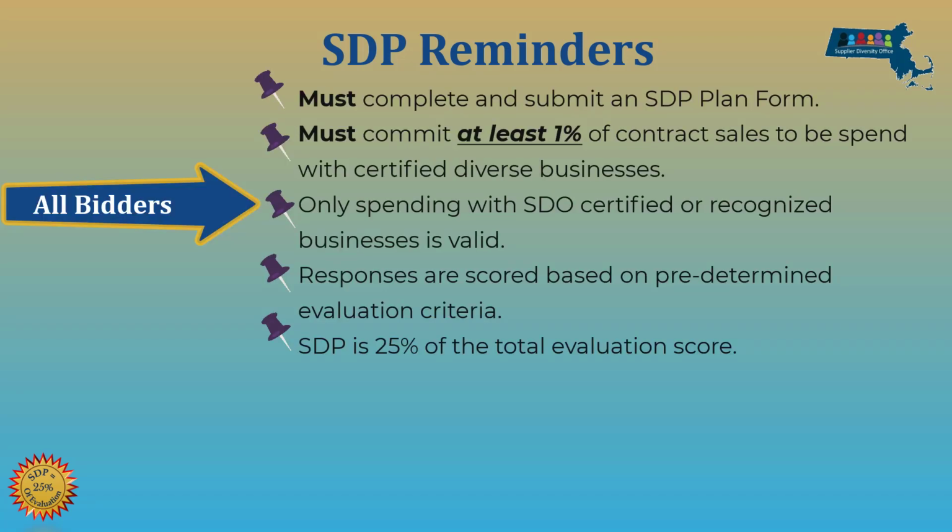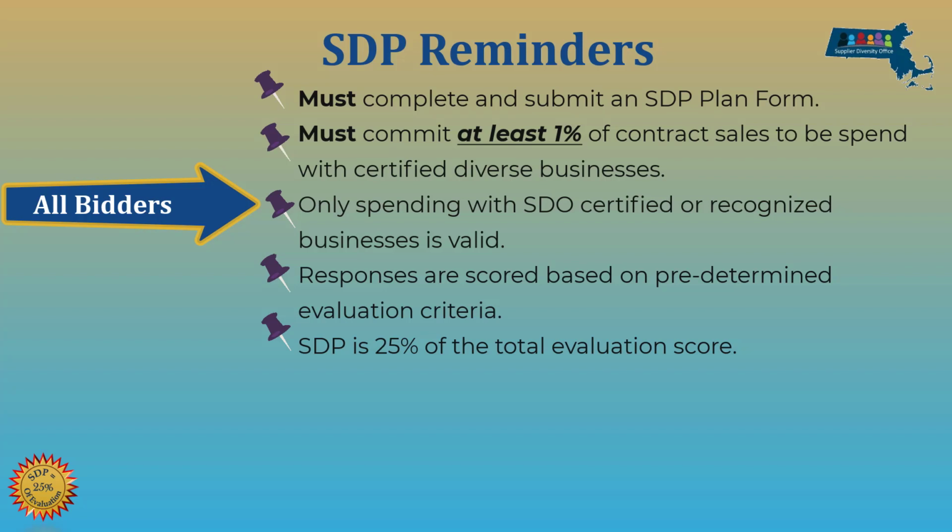Bidders must complete the SDP plan form and propose a percentage of their contract sales to be spent with certified diverse businesses. Only spending with SDO certified or recognized businesses will be considered valid for reporting purposes. The minimum commitment is 1%.